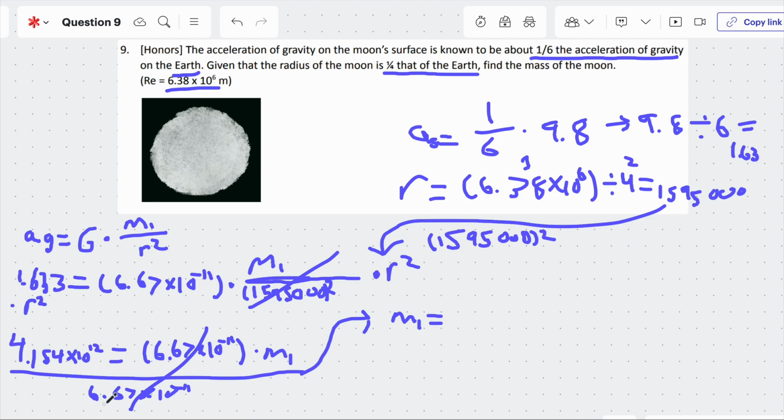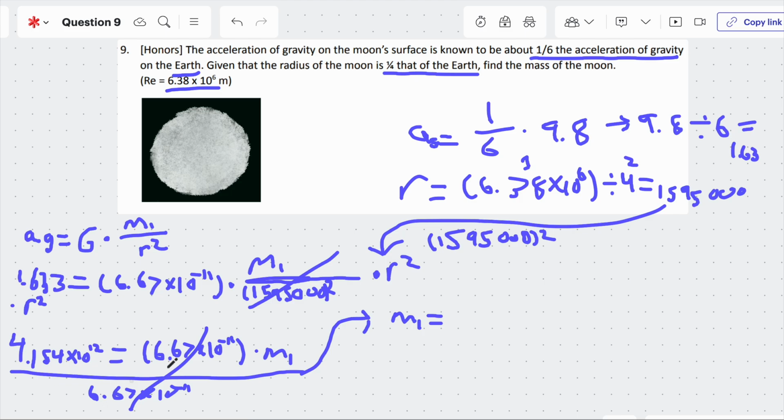So we take that answer we just got, 4.154 times 10 to the 12th, and we're going to divide it by 6.67 times 10 to the negative 11th. All right.